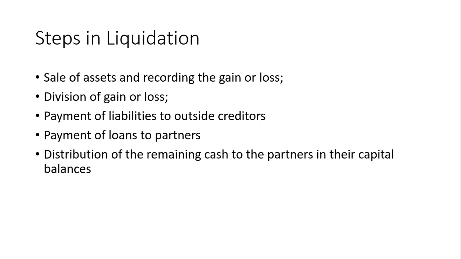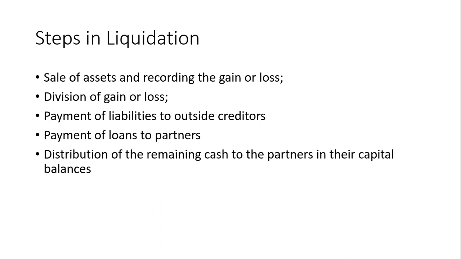If your non-cash assets were sold for more than their book value, there is a gain. If there is a gain or loss after selling all of your non-cash assets, you'll need to divide it, mostly using the profit and loss ratio.